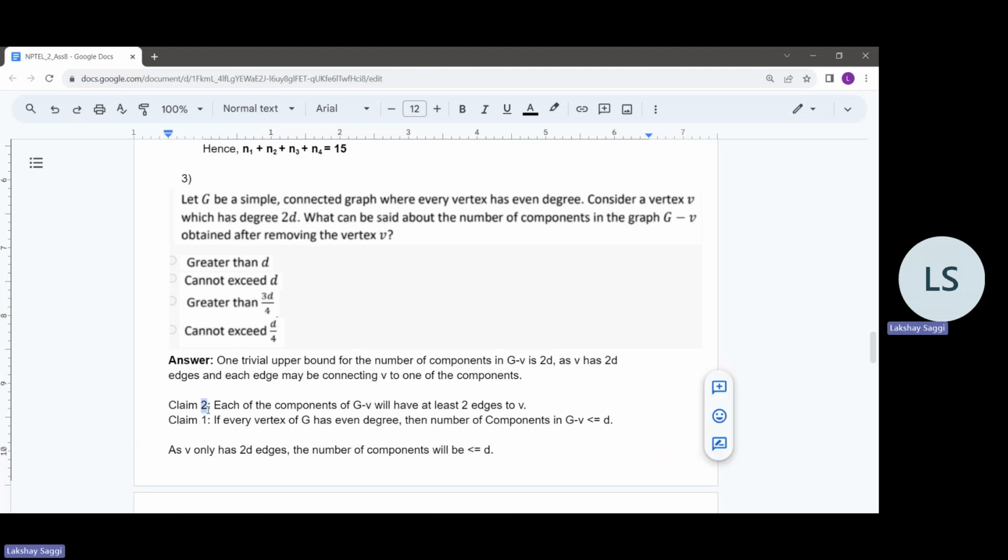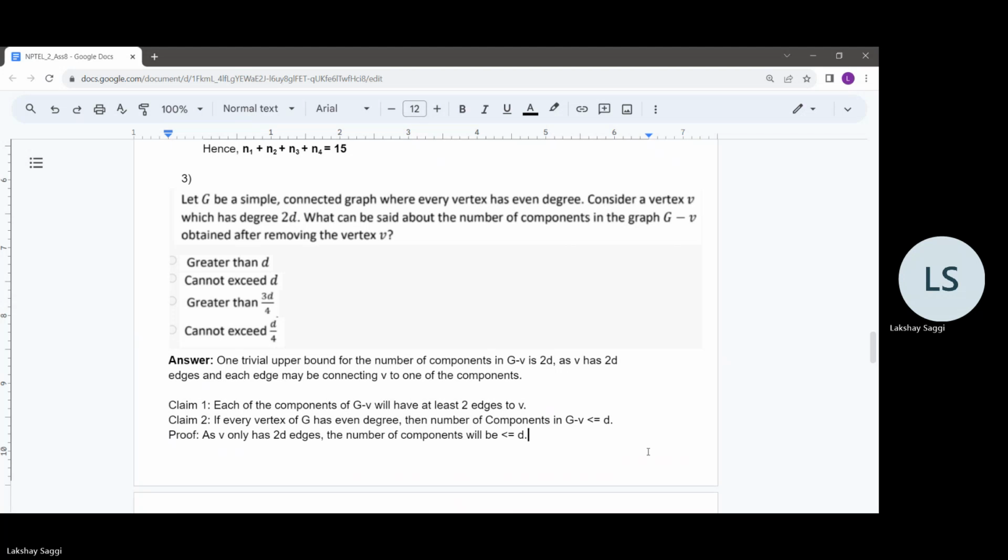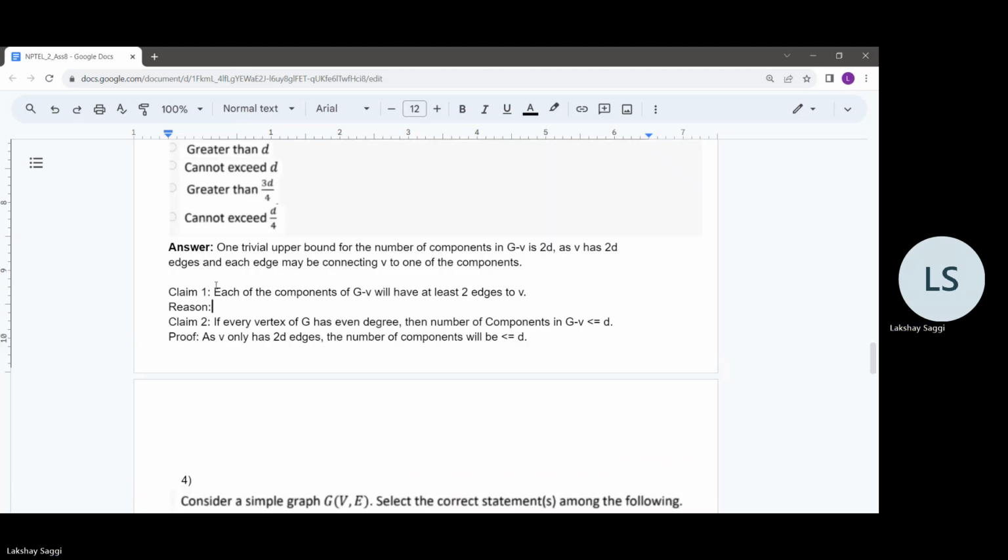I can call this claim 1 and this claim 2. I have not given claim 1 a proof or reason, that each of the components will have at least two edges to V. But let's just assume claim 1 is true. If claim 1 is true, then I can confidently say that claim 2 will be true.